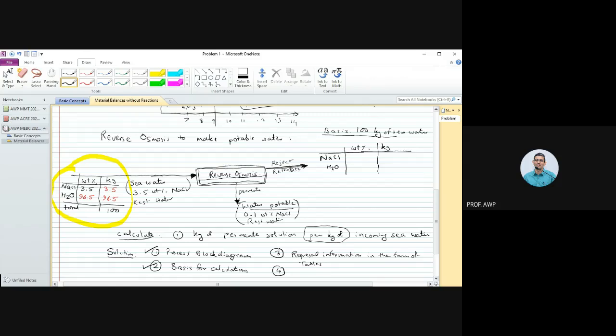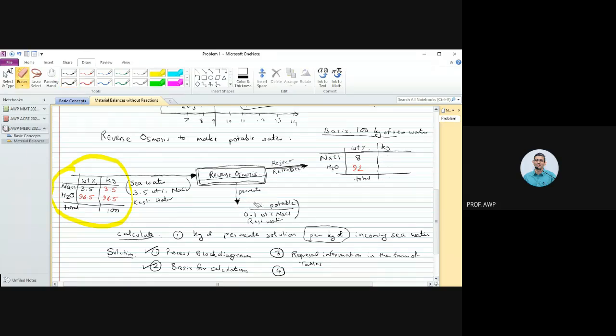I know that this is going to contain 8 weight percent sodium chloride, and therefore it will have 92 weight percent of water. Do we know anything else about this stream? We don't know the kgs of sodium chloride, we don't know the kgs of water because we don't know the total.